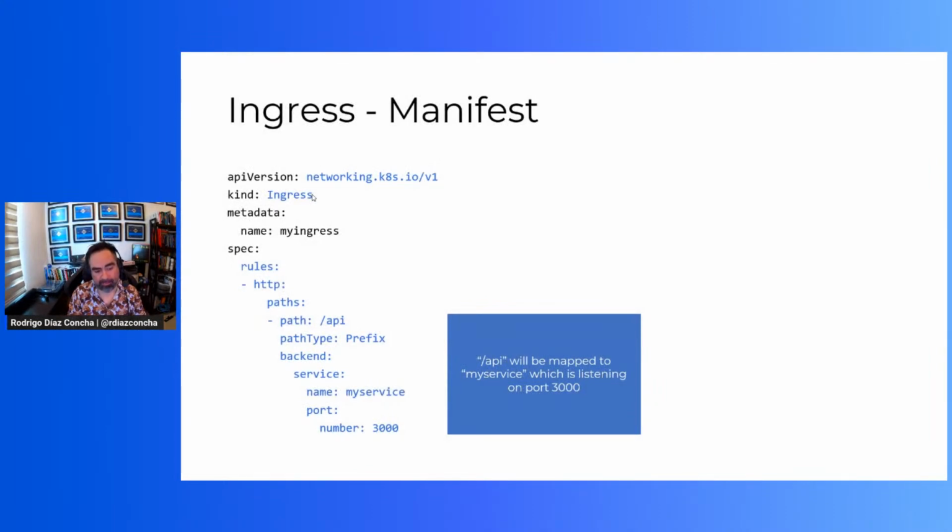However, I believe this is easier if you create the manifest file and you specify the rules, the traffic rules for this particular ingress. And the ingress controller is gonna make sure that this desired state, this desired traffic rules are implemented and configured in your cluster, okay?